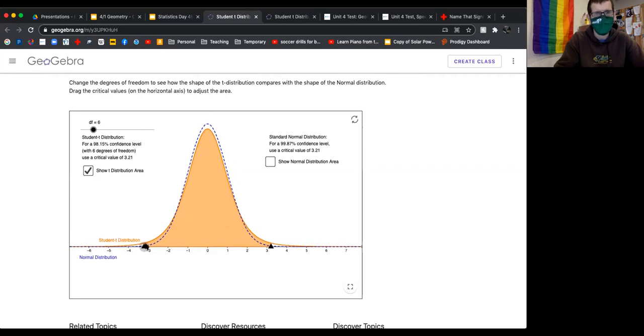That might not make sense the way I just said it, but let's look at this. You can see that the data in the normal distribution is more centrally located than it is in the t distribution. There's more data out on the extremes for the t.